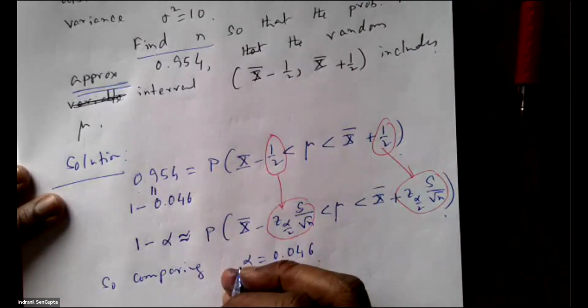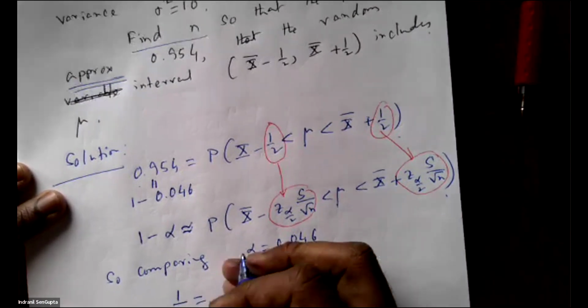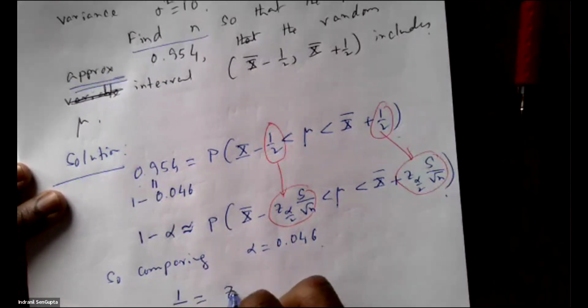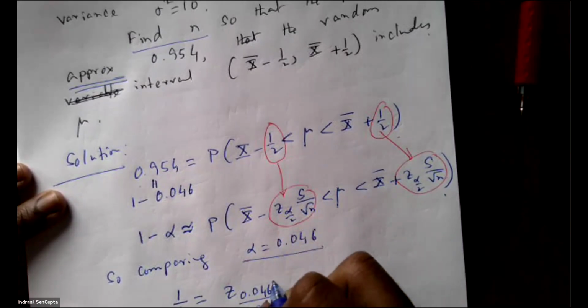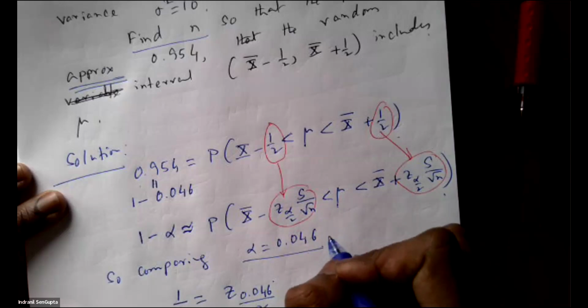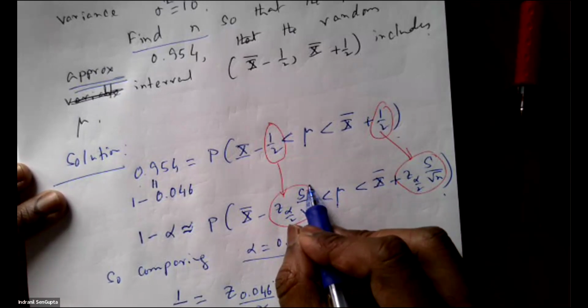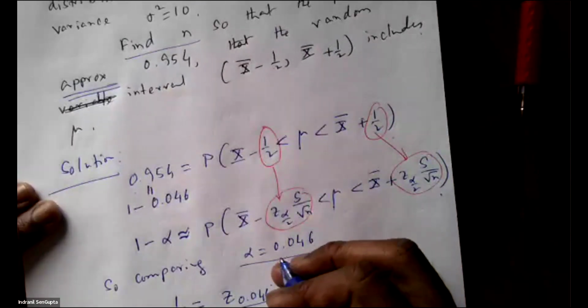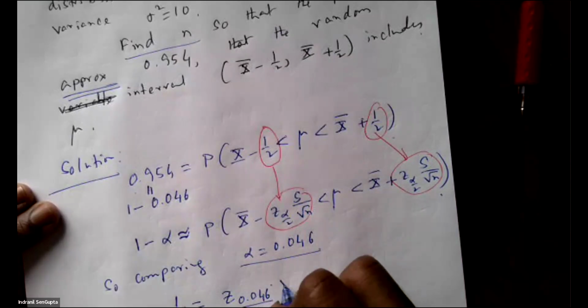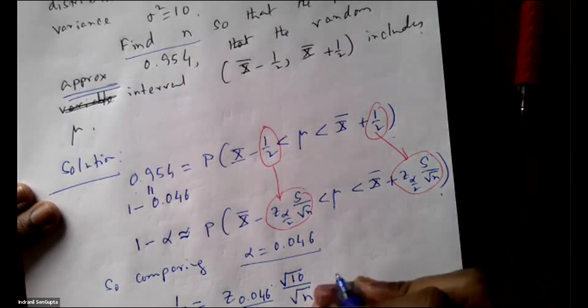So what we need is 1/2 equals z of alpha over 2, which is 0.046 over 2, times s over square root of n. Here s is the sample standard deviation, and the population variance is given to be 10, so I can very well use that. So it's square root of 10 over square root of n.